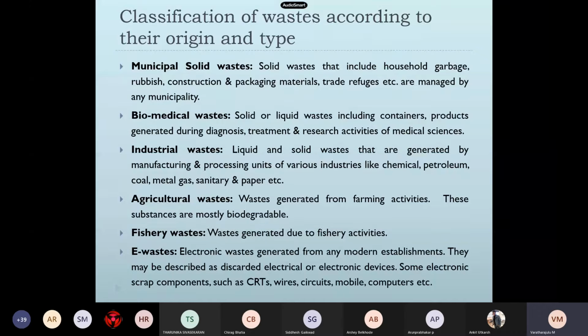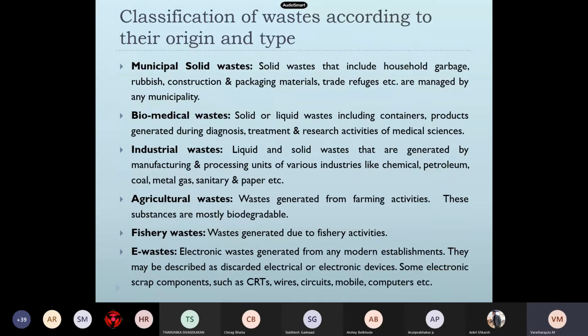And what we usually do in the urban areas, we have various lands, and the people used to spill it on the land itself, and that won't be safe. It has to be spilled off in one particular place, and we need to allow it to degrade.